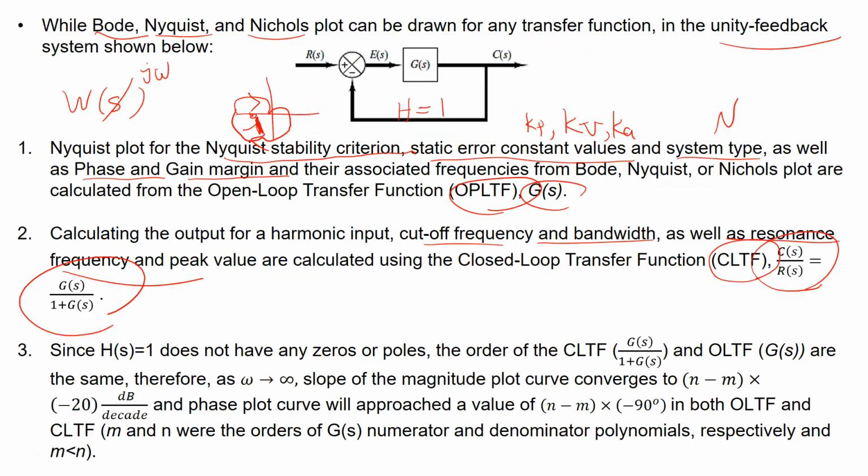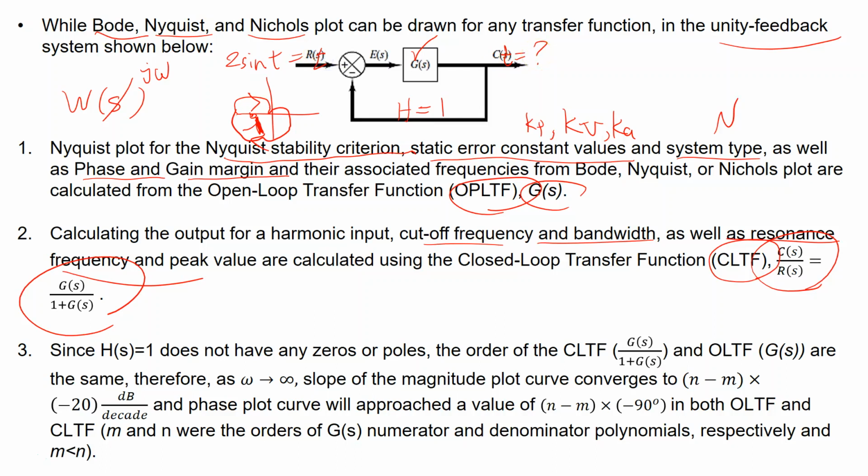And the last thing we had in one of your homework problems, I guess it's the first problem, an input is given, so this R is given, for example, 2 sin t. And G of S is also given, and then it asks, what is C of t? If R of t is given, what is C of t?